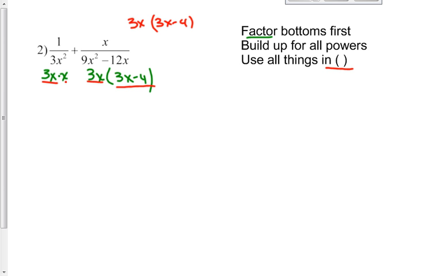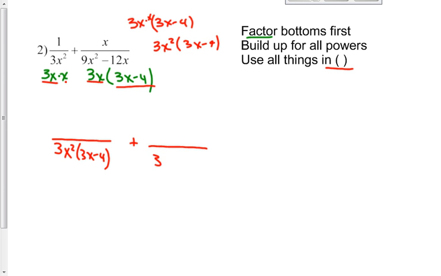I have this 1x left over, I will need to use that as well. So my whole common denominator will be 3x squared and the quantity of 3x minus 4. So I'll rewrite this question, something over 3x squared, 3x minus 4, plus something over 3x squared, 3x minus 4.